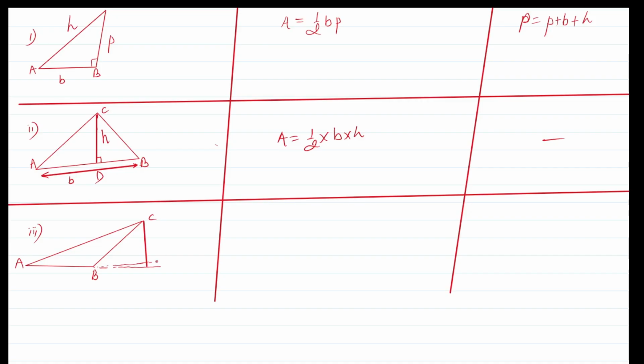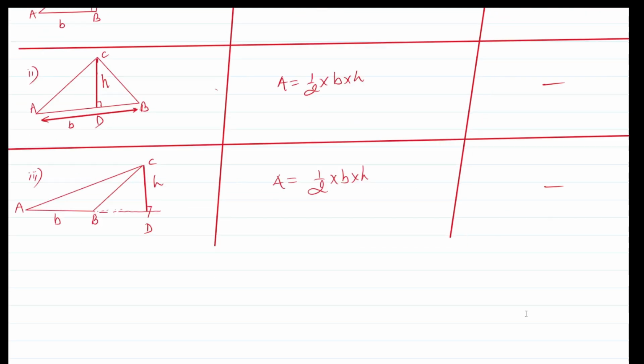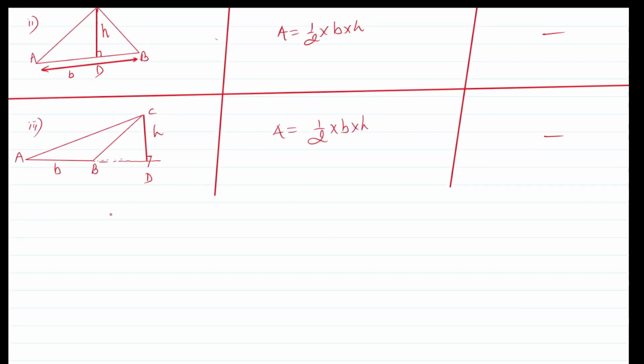This is a perpendicular at D, this is the height and this is the base. In this case, area is equal to half times B into H. And the other two sides are unknown. That's why here the perimeter cannot be determined.